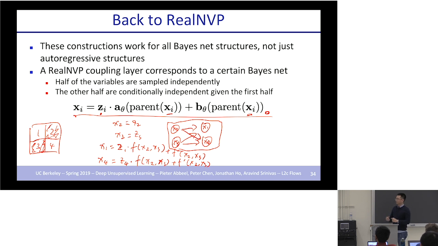Similarly, you can think of other Bayes net structures and write down similar invertible transformations based on them.